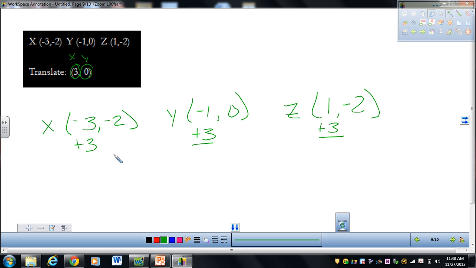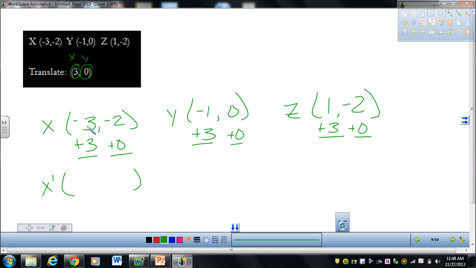I know that those are my x values in my points because x comes before y. And I've got 0, I'm doing 0 to all of my y's. So plus 0, plus 0, plus 0 to all of my y's. I know that the second value is y because y comes after x in the alphabet.